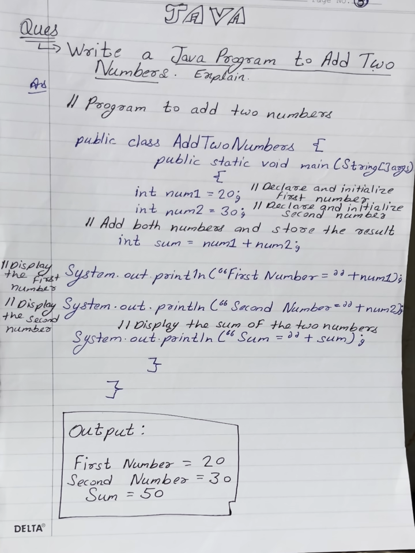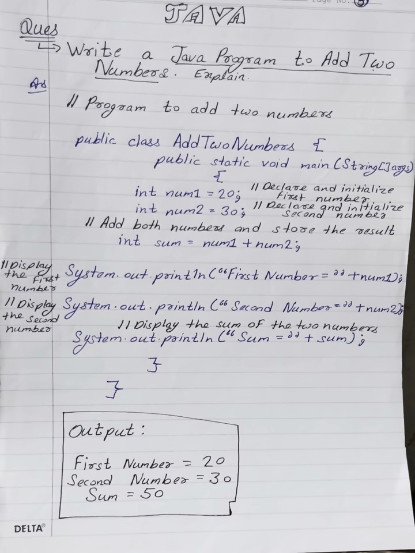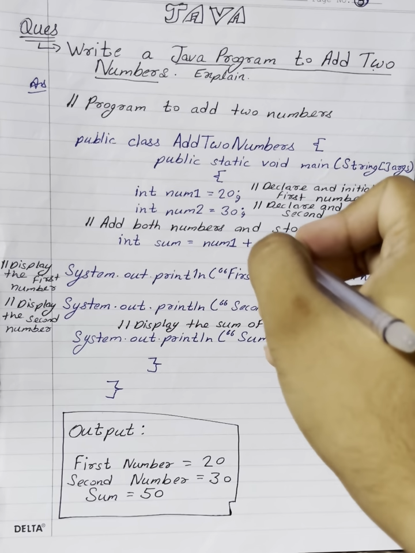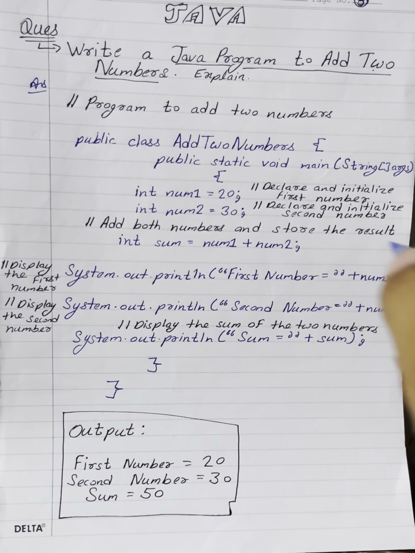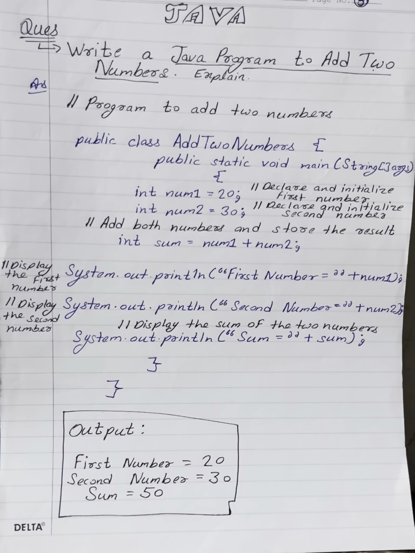So after that we declare another integer variable named sum, to store the result of the addition. And the expression num1 plus num2 uses the addition operator to add the values stored in num1 and num2.